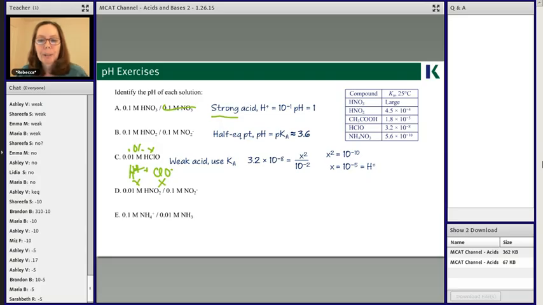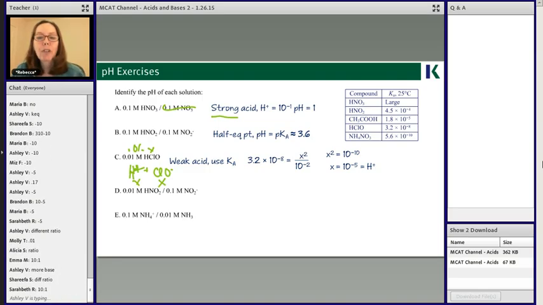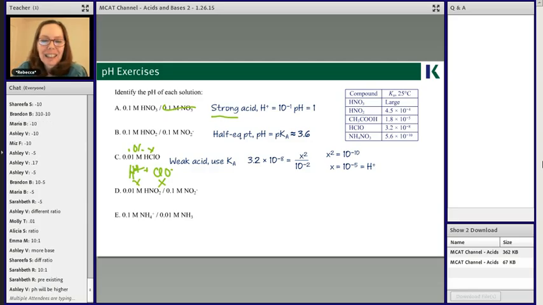Question D. Question D sure looks like question B, doesn't it? What's the big difference with question D? It's a different ratio. Do we need to redo anything, or can we work from pre-existing work? What do we do now? What's the best way to approach this?